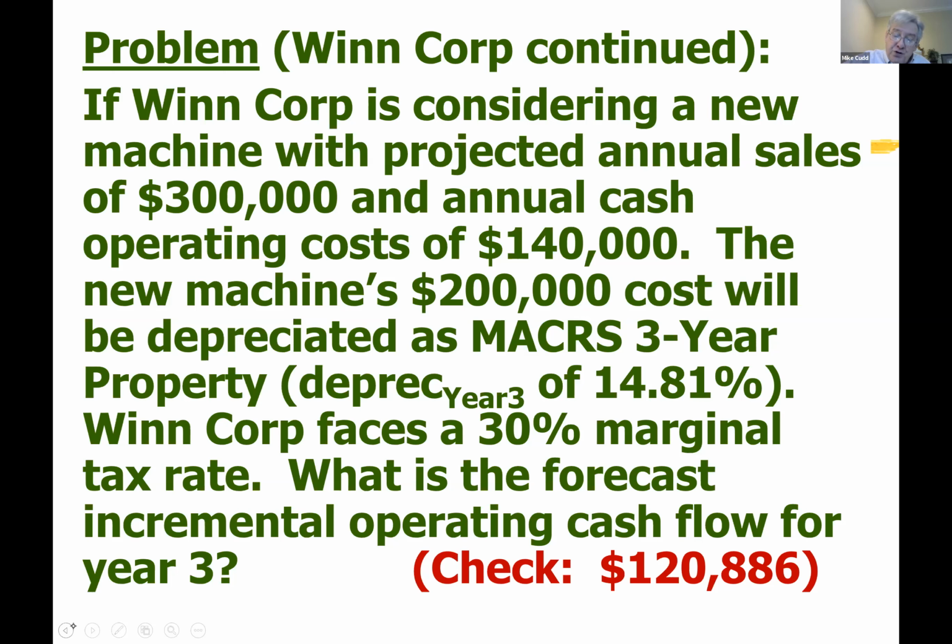It'll be depreciated as MACRS 3-year property. Wind faces a 30% marginal tax rate. What is the incremental operating cash flow for year 3? And you're given the depreciation figure for year 3.